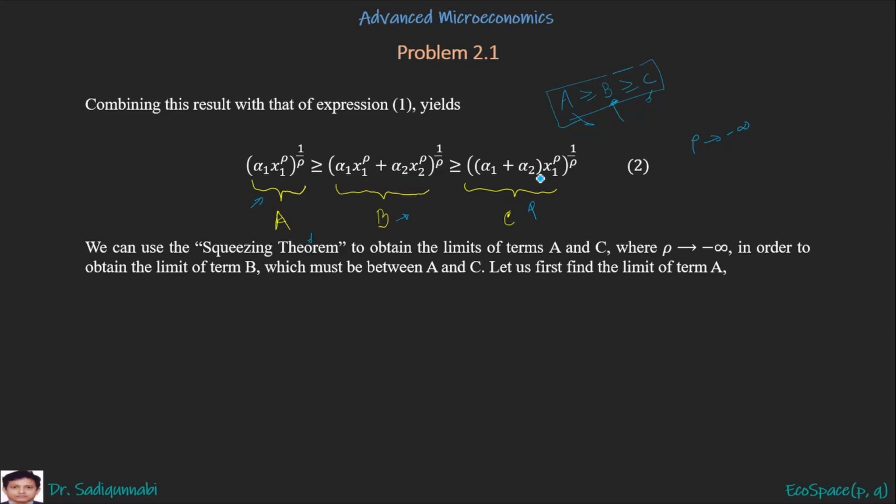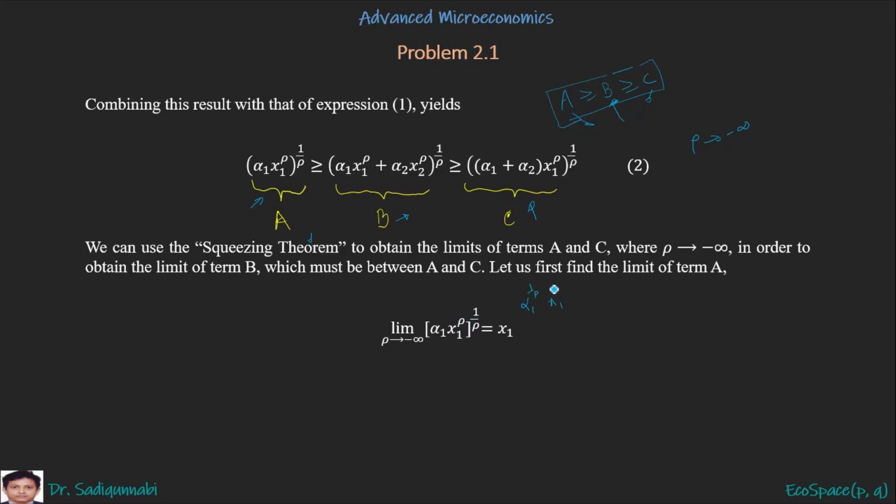So the first limit is the limit as rho tends to minus infinity of alpha 1 x1 to the power rho, all to the power 1 upon rho. If we simplify, it can be written as alpha 1 to the power 1 upon rho times x1, rho and rho cancel out, so x1.